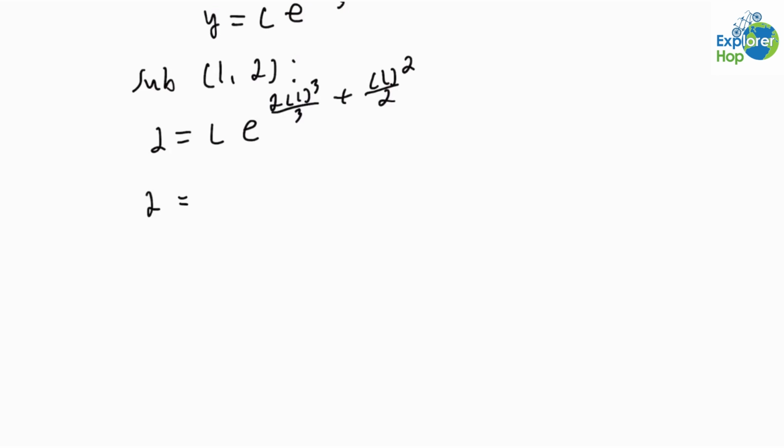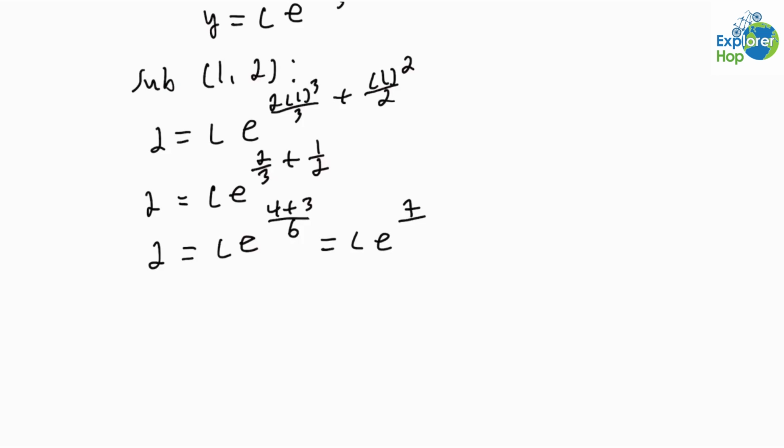So 2 is equal to c times e to the power of 2/3 plus 1/2, so 2 is equal to c times e to the power of (4 plus 3) over 6, which is equal to c times e to the power of 7 over 6. So this means that c is equal to 2 times e to the negative 7 over 6.